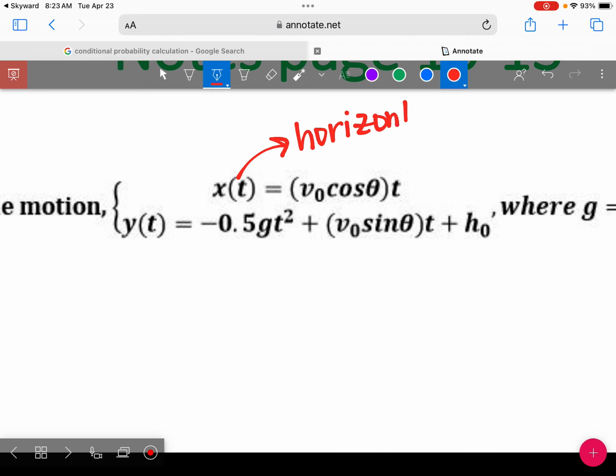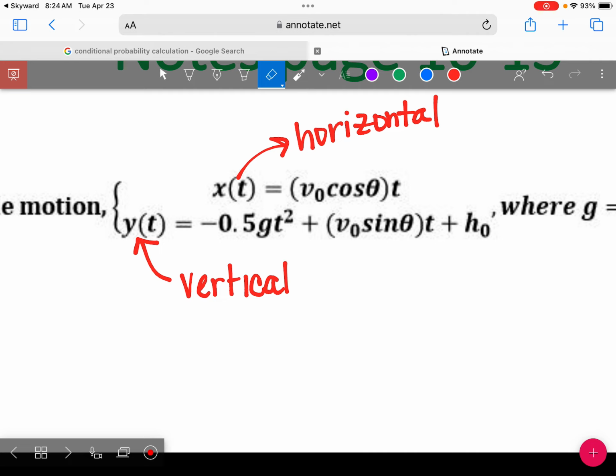So if you know how far away something is, we're going to use that to solve for t. Y is height, which is your vertical distance. So x is how far away something is. Y is how high something is, okay?